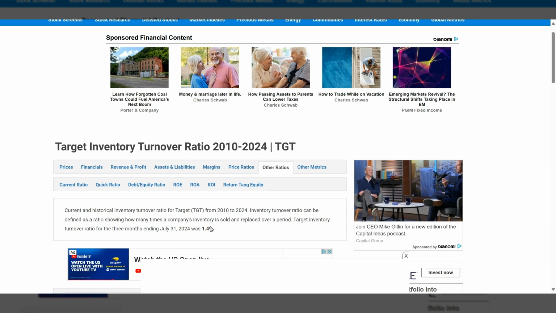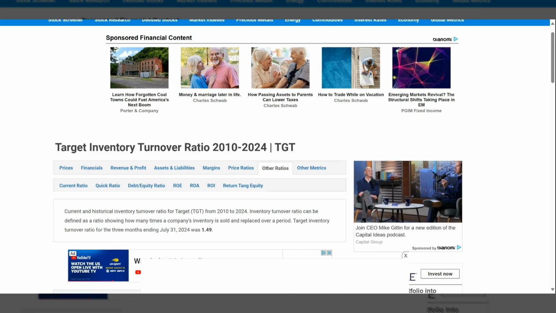So we can see that Target's inventory ratio is 1.49. And for reference, Walmart's is 2.19. Now, if you remember what I said, a higher turnover ratio suggests efficient inventory management and stronger sales. So this means that Target's lower inventory turnover ratio could indicate either overstocking or their sales are beginning to decline.